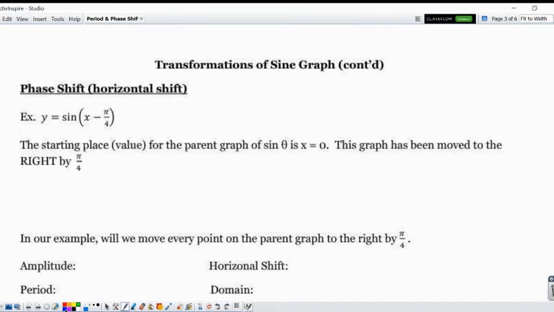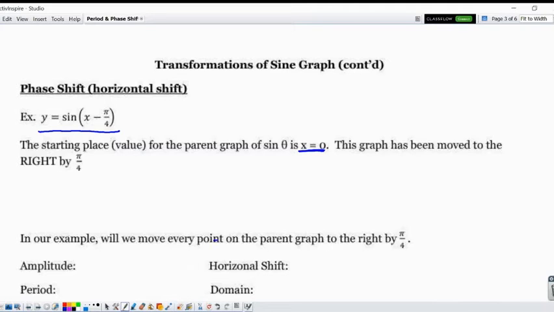Next is going to be our phase shift, which is just another way of saying horizontal shift. So if you hear phase shift, we're just talking about moving it left and right. So we're going to graph this example, sine parentheses x minus pi over 4. We know that's an x transformation. It's grouped with x. And typically when we graph a sine function, we start at x equals 0 right there at the midline.